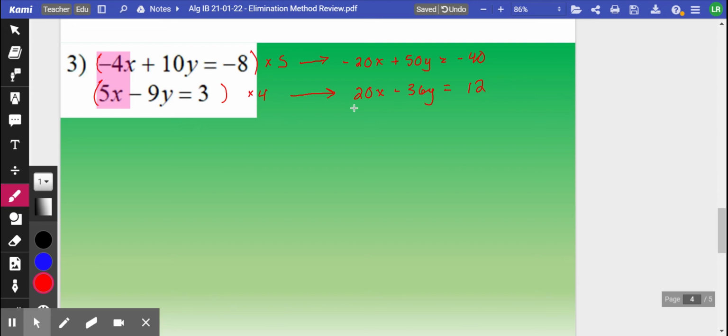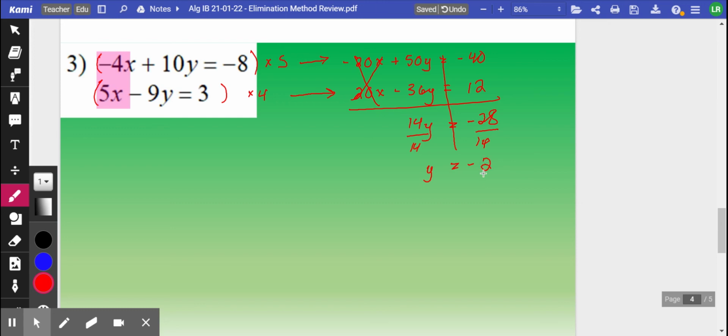Well, let's add our equations together. Negative 20x plus 20x is 0. Those are my opposites. 50y plus negative 36y is 14y. Negative 40 plus 12 is negative 28. Finish him. And my y is going to be negative 2.